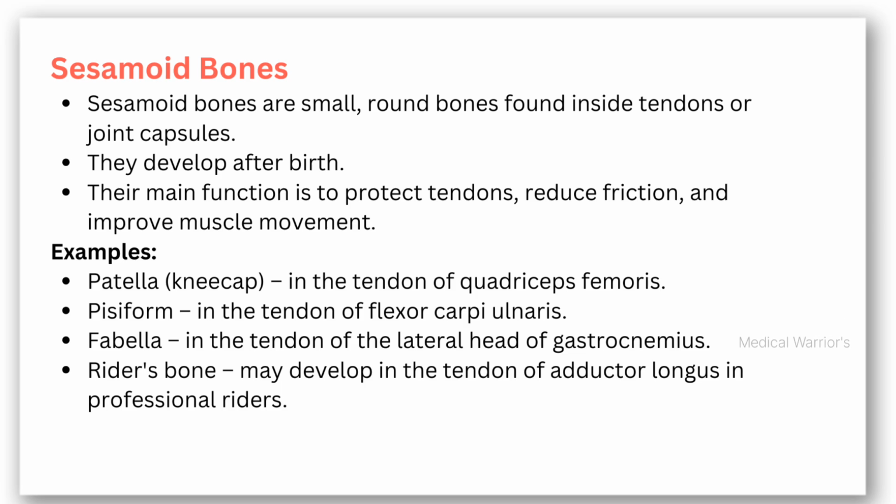Example: patella, kneecap, in the tendon of the quadriceps femoris. Pisiform, in the tendon of flexor carpi ulnaris. Fabella, in the tendon of lateral head of gastrocnemius. And rider's bone may develop in the tendon of adductor longus in professional riders.